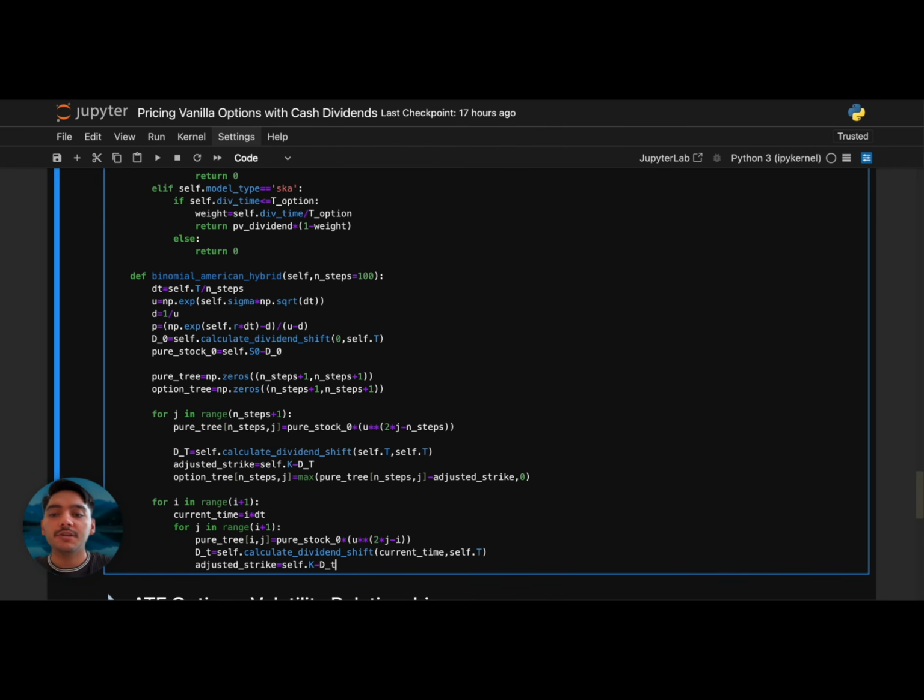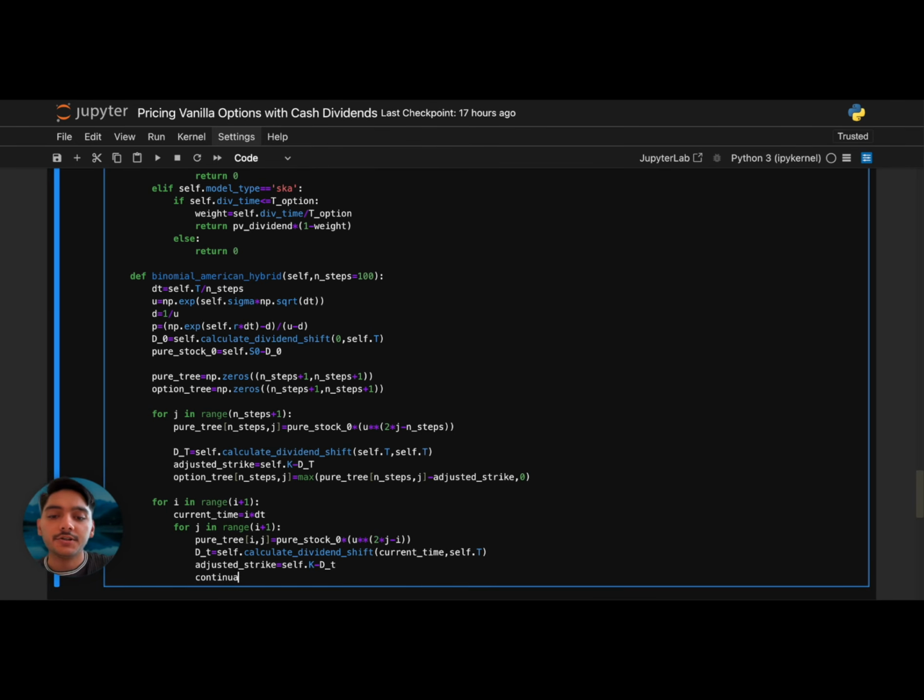So the option value, which will be the continuation, is equal to np.exp(minus self.r into dt), and the p into option tree i plus 1, j plus 1, plus 1 minus p into option tree i plus 1, j.